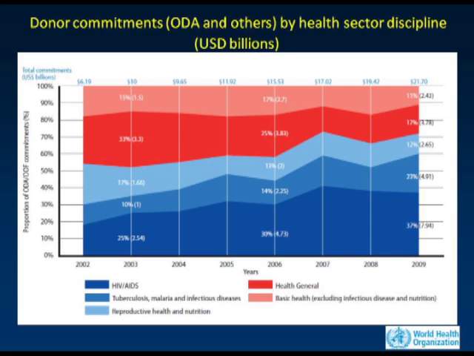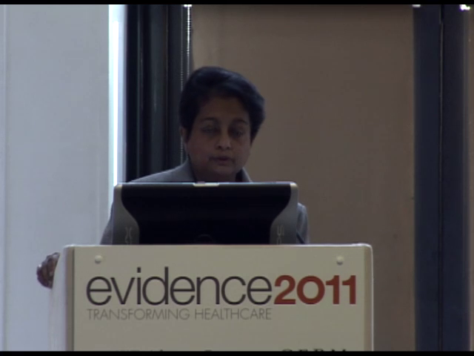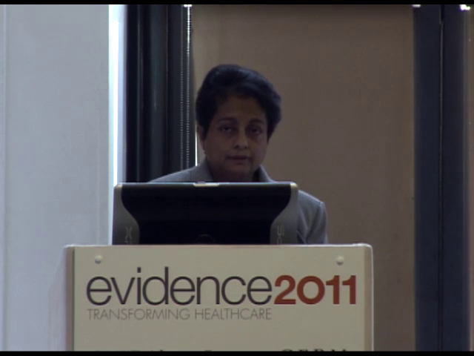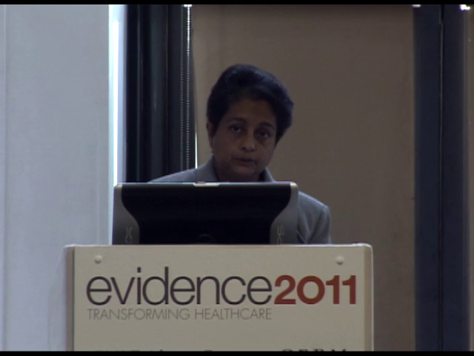Health in general, basic health and hopefully health systems, but no mention of NCDs at all. Although 63% of the mortality currently is due to NCDs and 80% coming from the developing world. So this situation could only be changed by bringing NCDs into the development agenda, and that's what the UN General Assembly hopefully did, and there should be results from that.